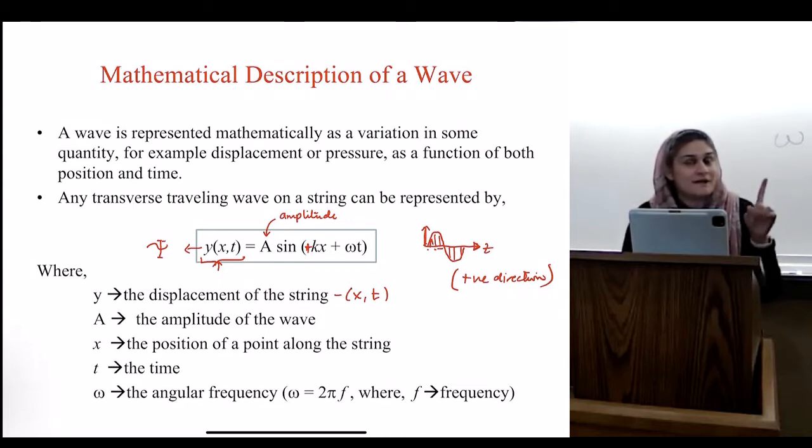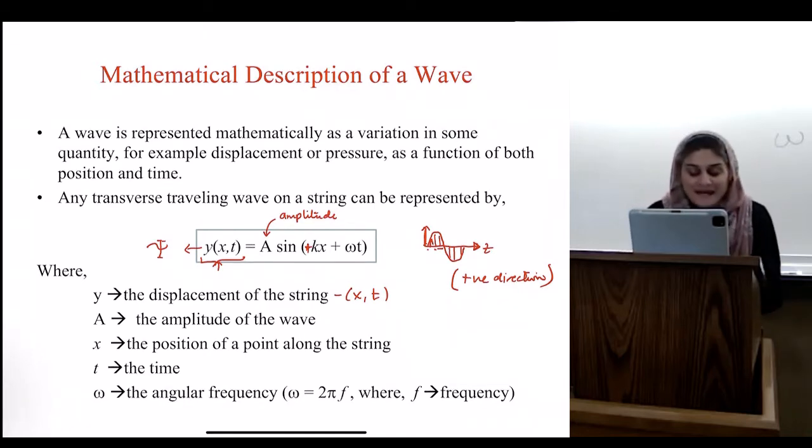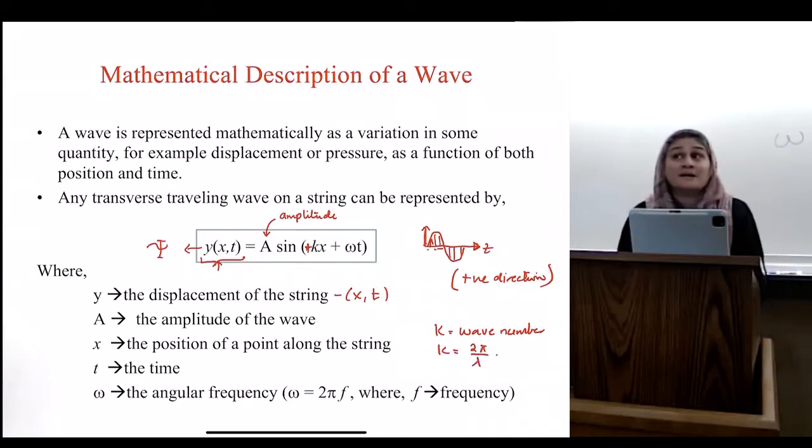Y as a function of x and t equals the amplitude times the sine of kx plus omega t, where omega is the angular frequency, t is the time, x is the position along the x direction, and k, which is the important thing, is called the wave number, defined as 2 pi over lambda, where lambda is the wavelength, the length of the wave.